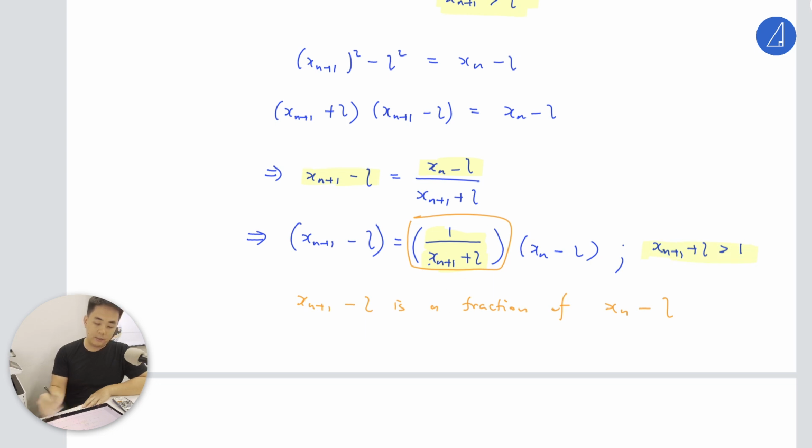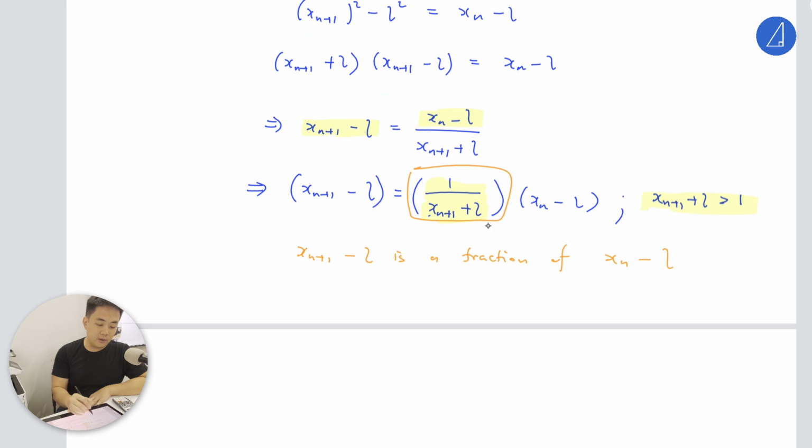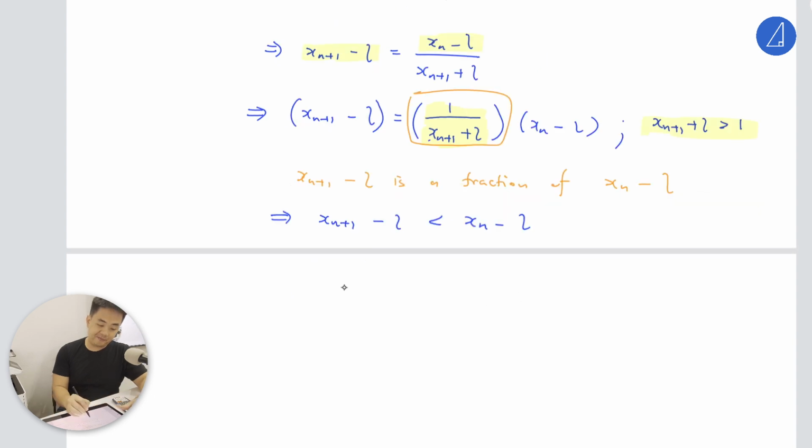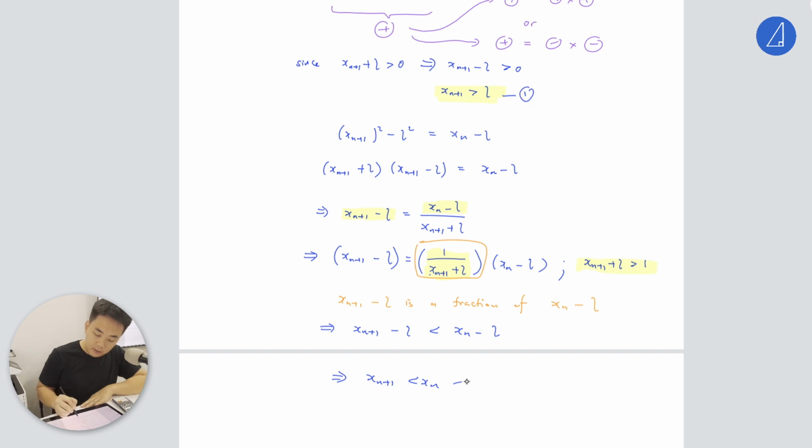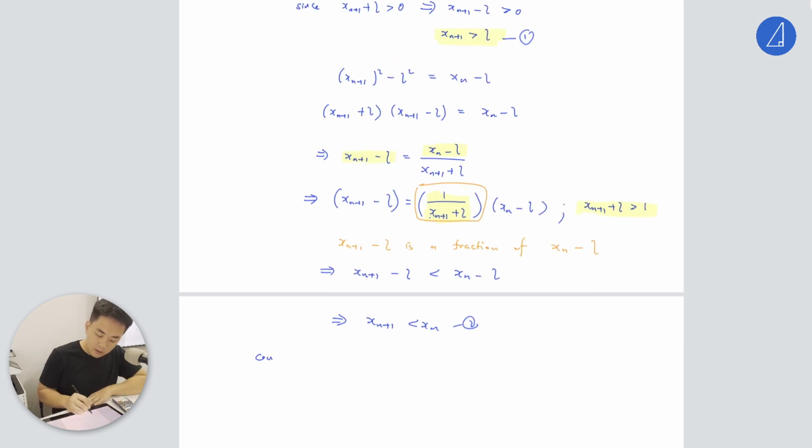So if this is a fraction, in other words, xn plus 1 minus L will be smaller than xn minus L. Xn plus 1 is smaller than xn. Combining 1 and 2, you have xn is larger than xn plus 1.